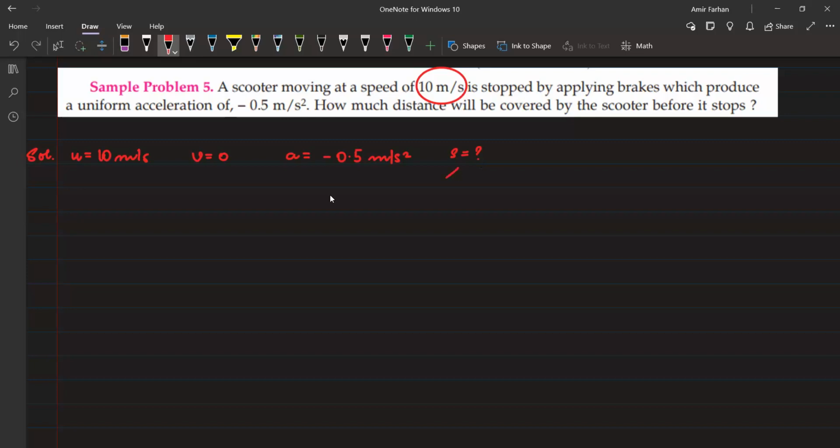So that's why we will use the third equation, v square minus u square equals 2as. So v square will be 0.